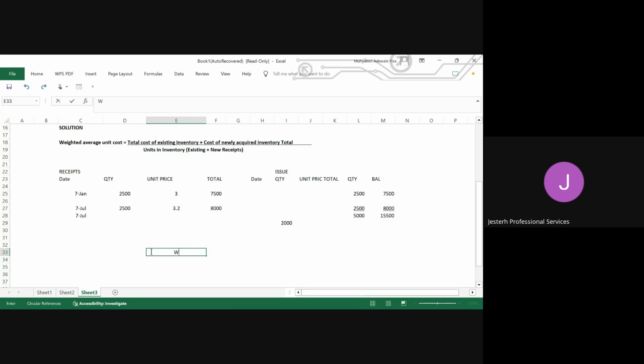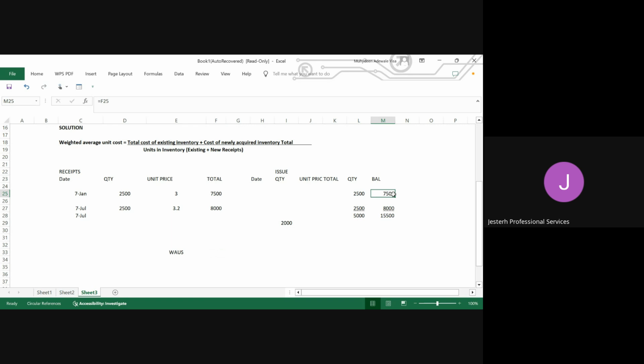You know, this is the formula we need to have in our head. You just say weighted average costs. Then you come here, you say, what is our total of existing inventories? Our total of existing inventory is 7,005.